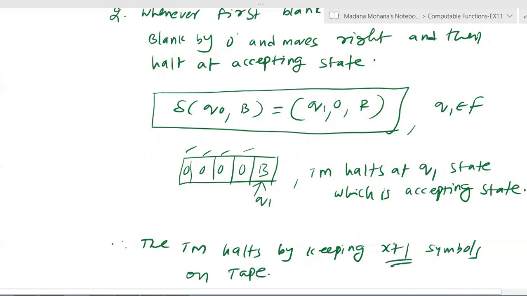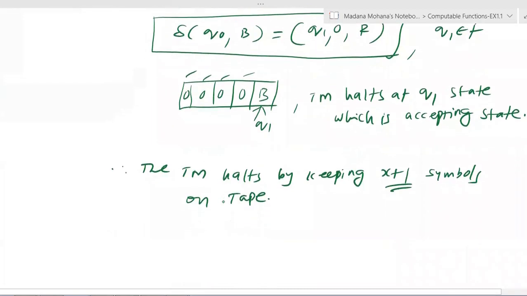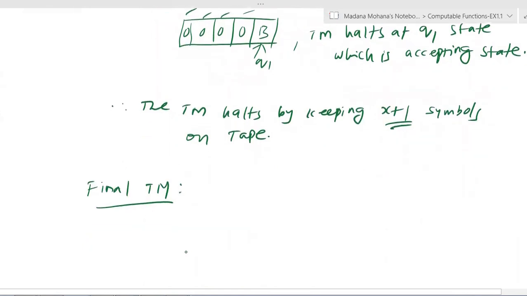Now you can see if you take x equal to 3, 3 plus 1 is 4. If you take x equal to 4, 4 plus 1 is 5, like that. So the same is applicable, whatever the value of x. So in the initial step, we have to skip all zeros till we get a blank. Then the blank is replaced with 0 and it moves right, then halts. Then write the final Turing machine.